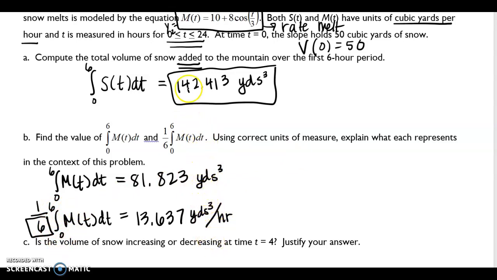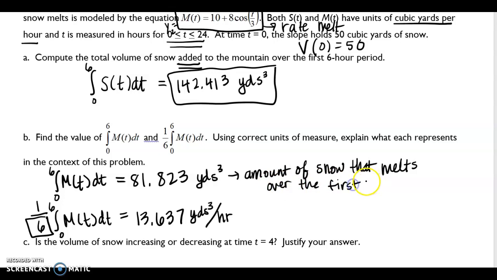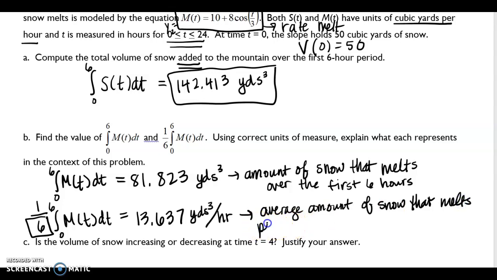So the integral from 0 to 6 is the amount of snow that melts over the first 6 hours. And the difference in the second integral is that it's the average amount of snow that melts per hour over the first 6 hours.